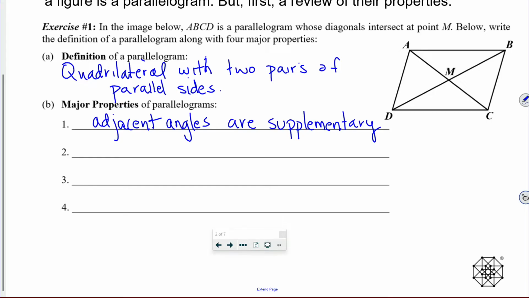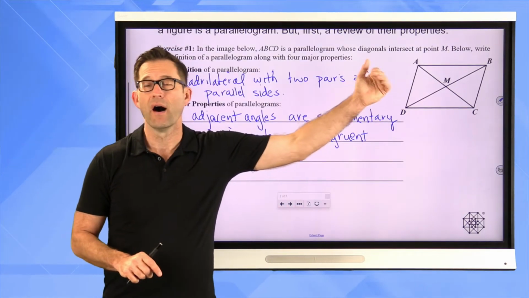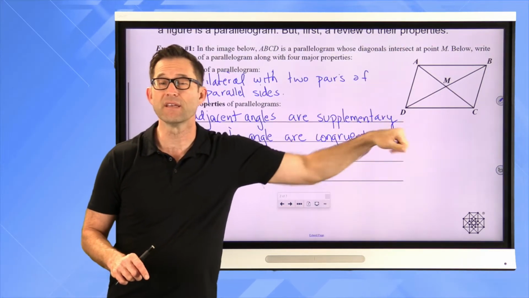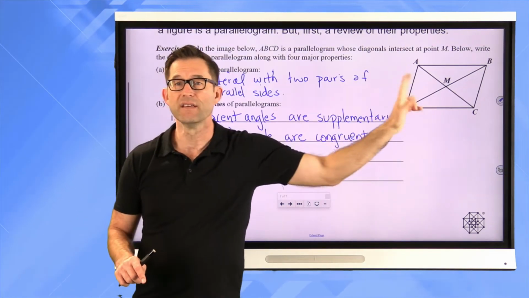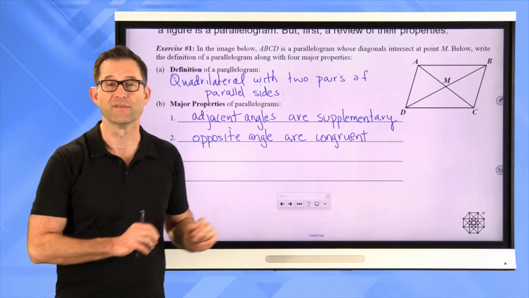We then used that fact to prove that opposite angles are congruent. And if you said opposite angles are equal, I'm comfortable with that too. These were the 2 things that we proved about the angles. So angle BAD is supplementary to angle ADC, and angle ADC is congruent to angle ABC, just as examples of these 2.